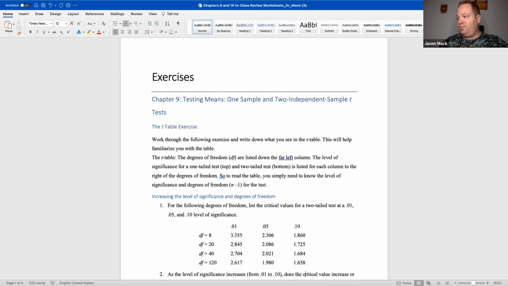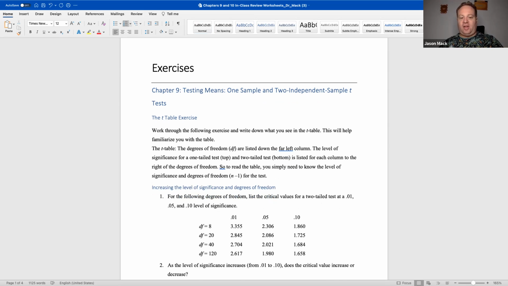As the level of significance increases from 0.01 to 0.10, does the critical value increase or decrease? Take a moment, pause me if needed here.